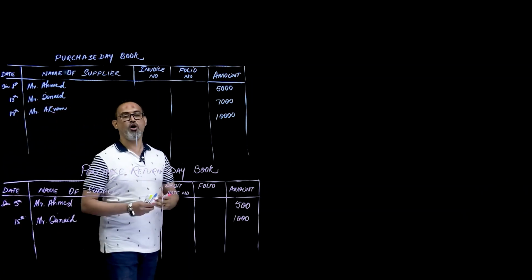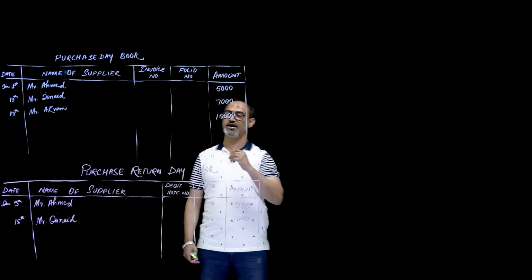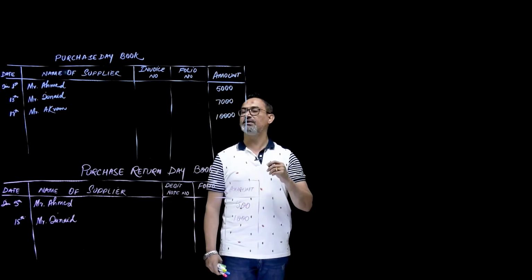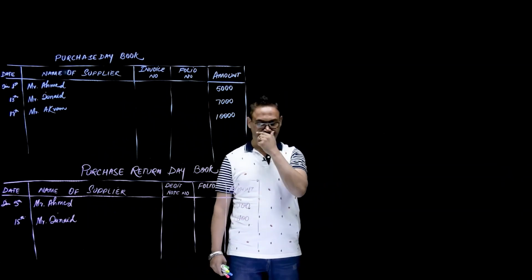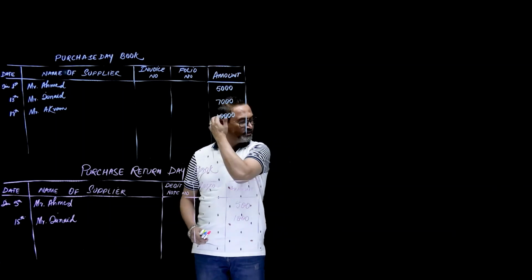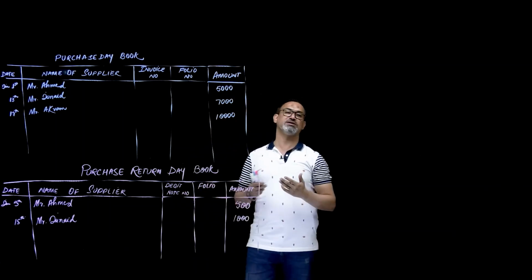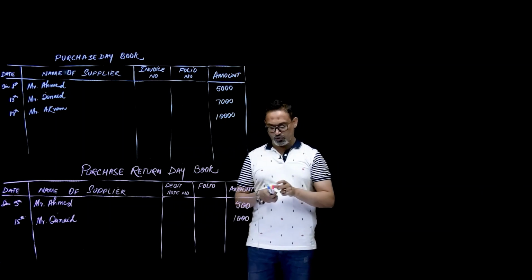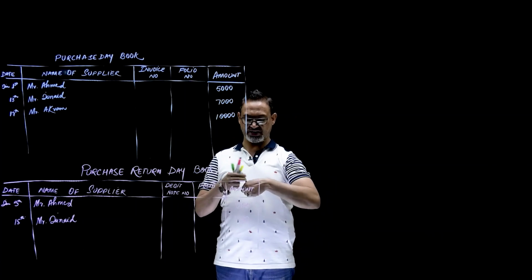So all the purchase returns are recorded in the purchase return day book, and all the credit purchases are recorded in the purchase day book. This is the first step: we first prepare the purchase day book and the purchase return day book. Now, what's our second step?